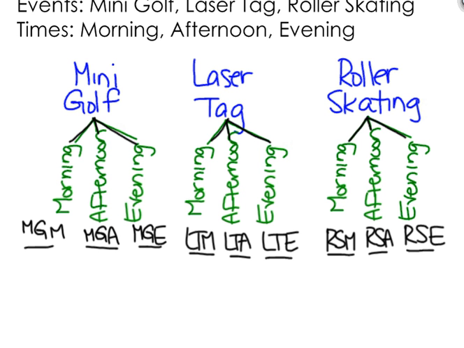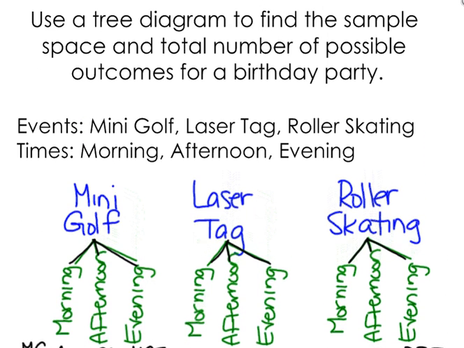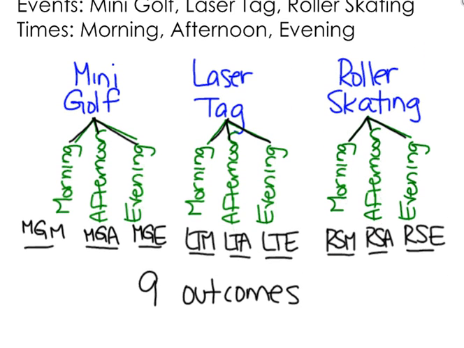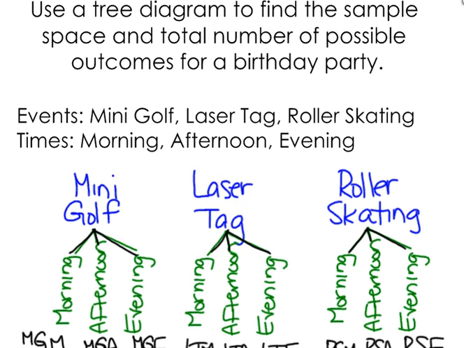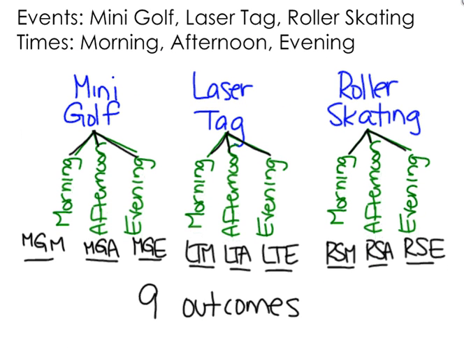And so when I count those up, I can see that altogether I have a total of 9 outcomes. So when it asks for the sample space, that's listing off everything I did in black to show all the possible combinations. And then the number of outcomes would just be after I count all of those up.